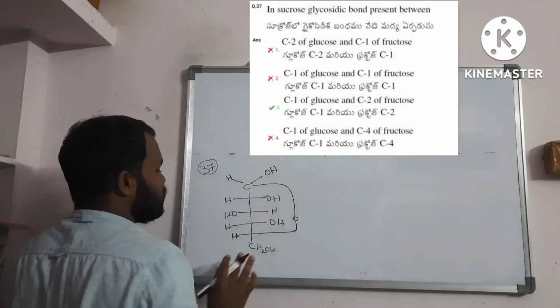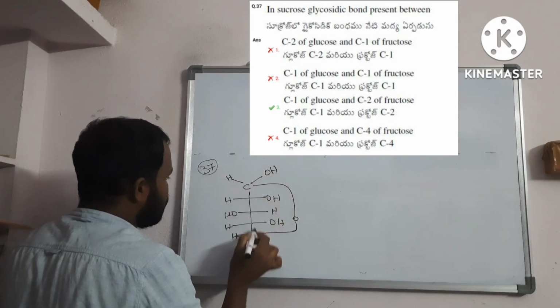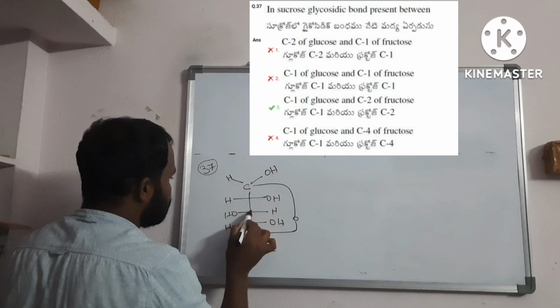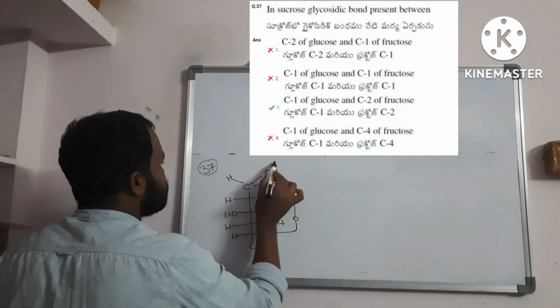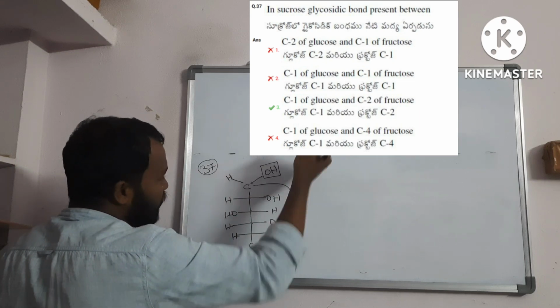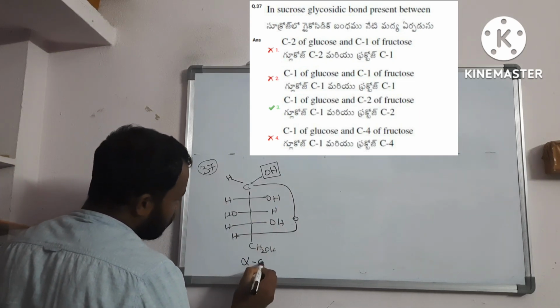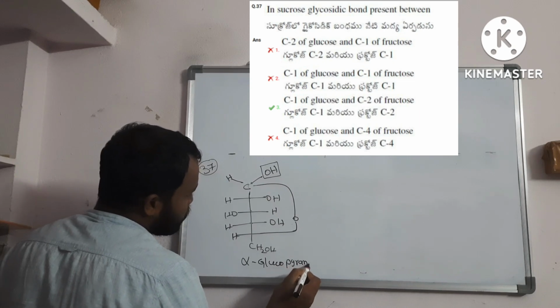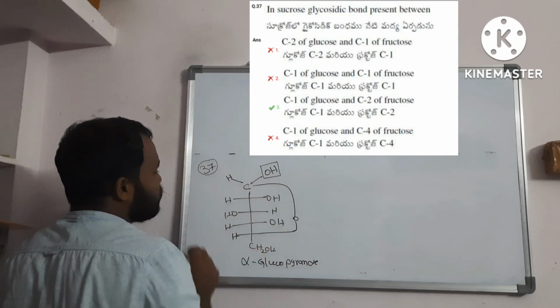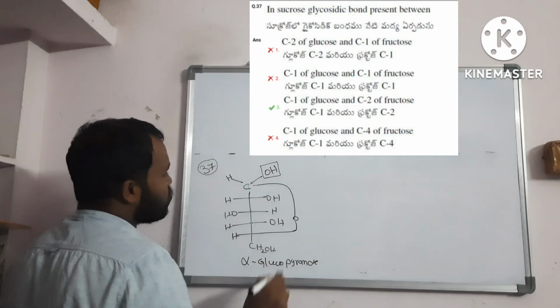Considering C1 to C5 including oxygen, 1, 2, 3, 4, 5, it is a 6-membered ring. Hence the OH is present at the right side, so it is alpha glucopyranose. If you take the OH at the left side, that is beta glucopyranose.